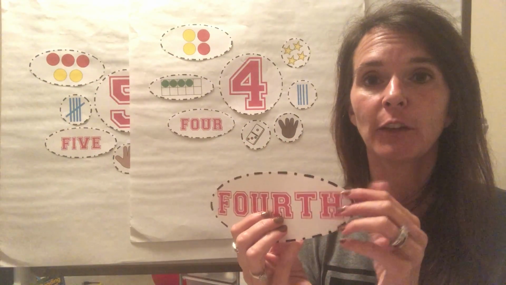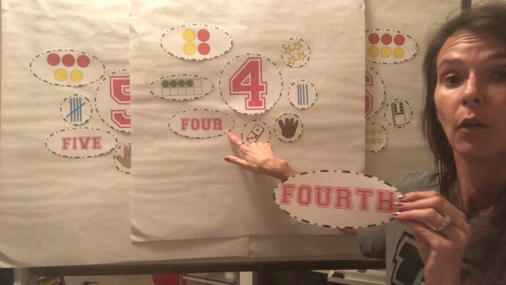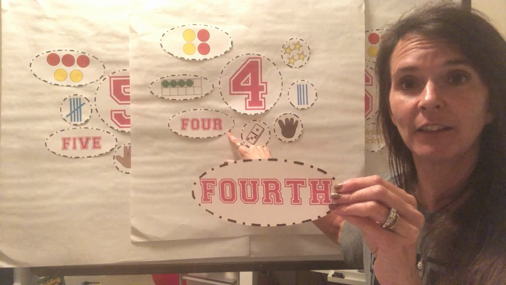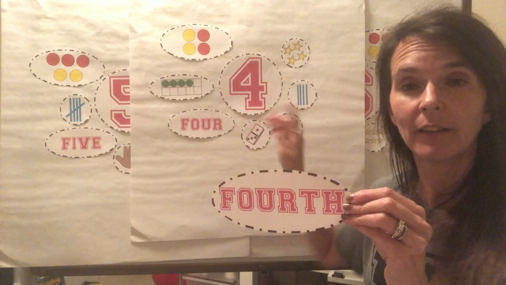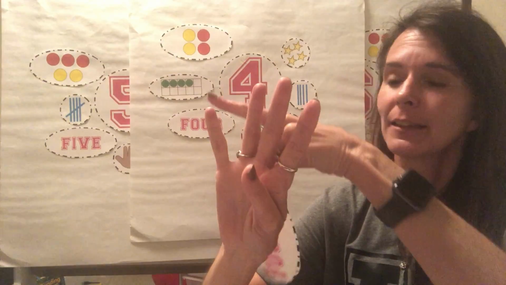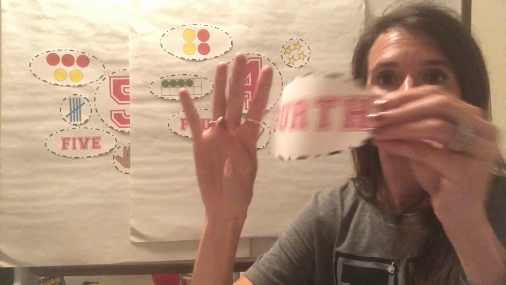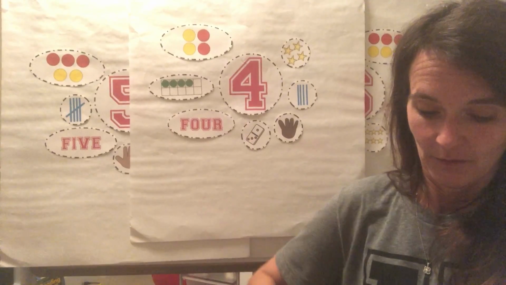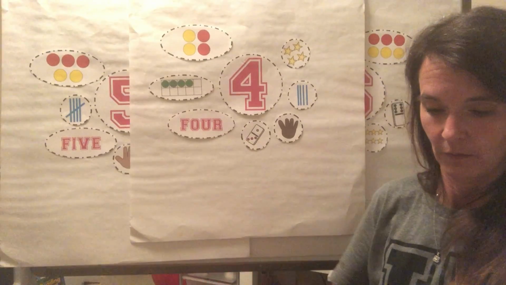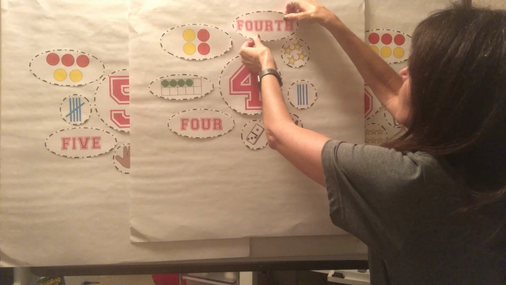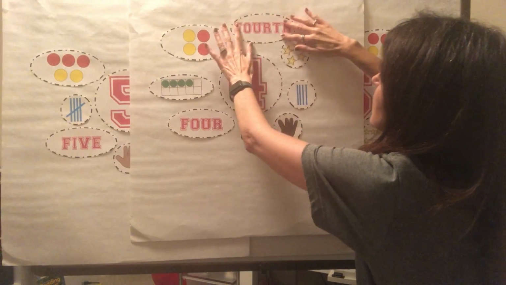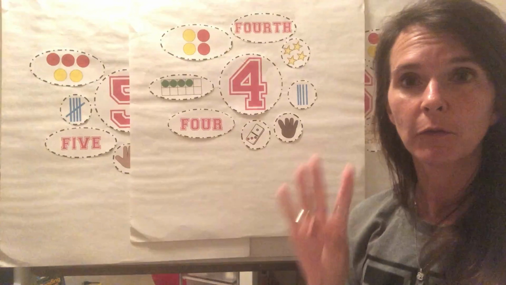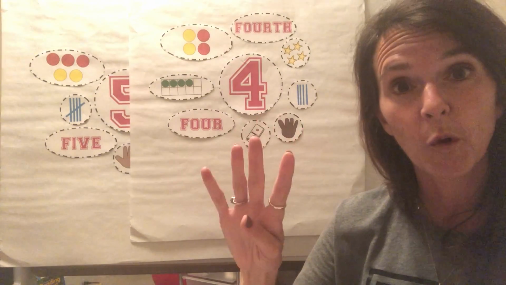If you're fourth in line, you're number 4. So if you're the 4th person in line, I count 1, 2, 3, 4, and that's my 4th finger. So you're 4th in line. If you're in grade number 4, you're in 4th grade.